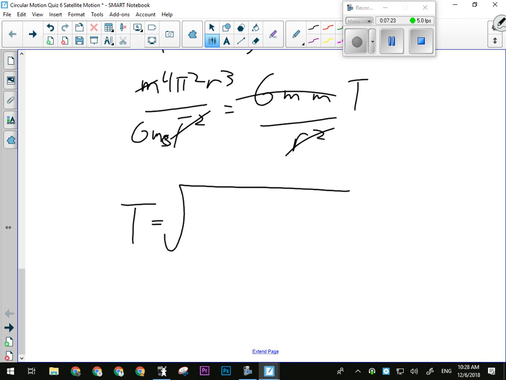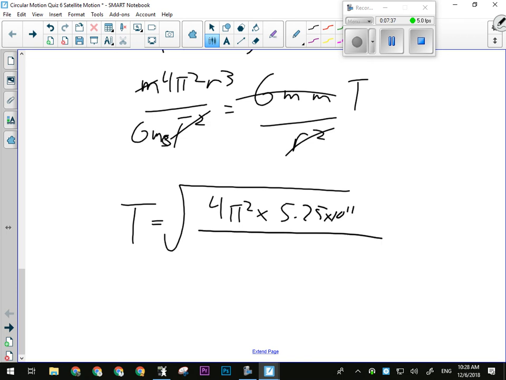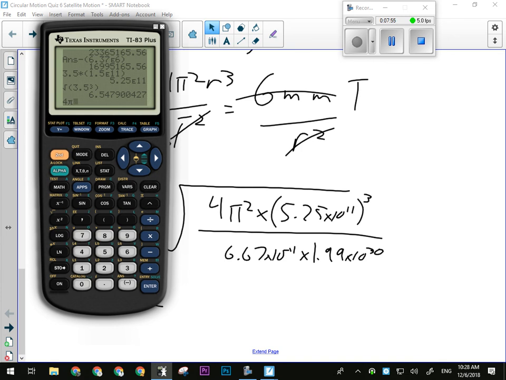So T will equal the square root of 4 pi squared times 5.25 times 10 to the 11, cubed, divided by 6.67 times 10 to the minus 11 times 1.99 times 10 to the 30, and then I have to square root that.